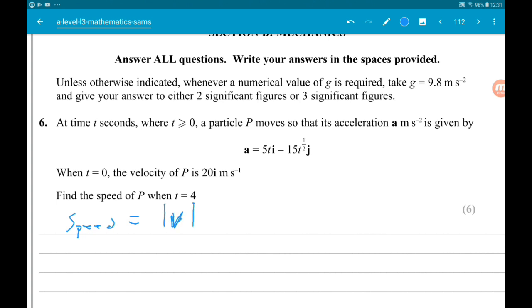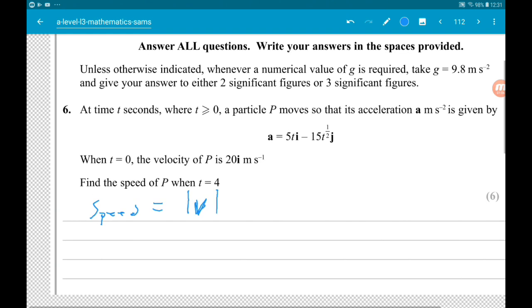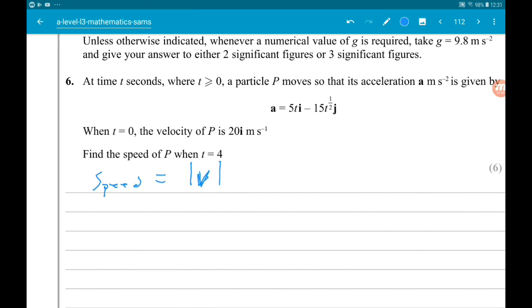Not useful yet because we don't know what v is, but we do know that v is the integral of a with respect to t.